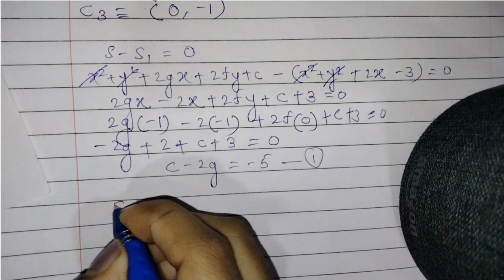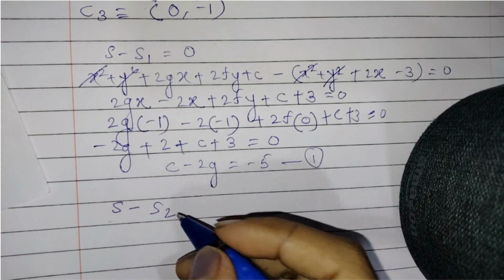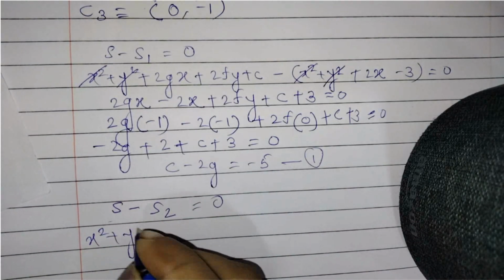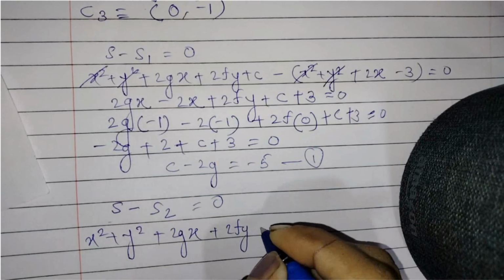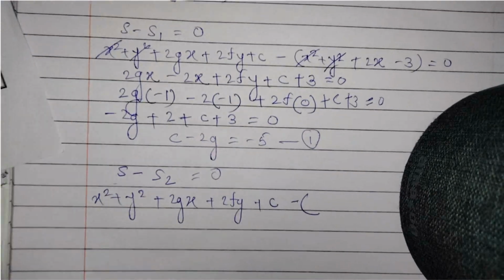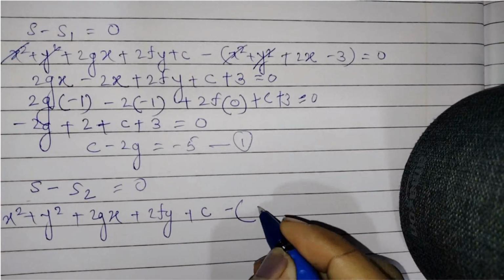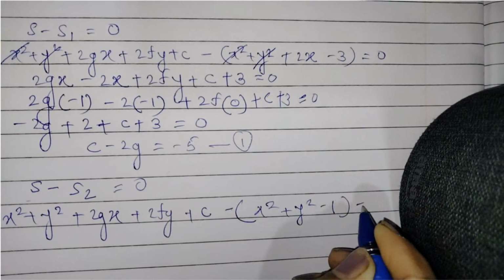Now let us find S minus S2, the common chord of S and S2. That will be x square plus y square plus 2gx plus 2fy plus c minus, what is the equation of S2? The equation of S2 is x square plus y square minus 1 is equal to 0.